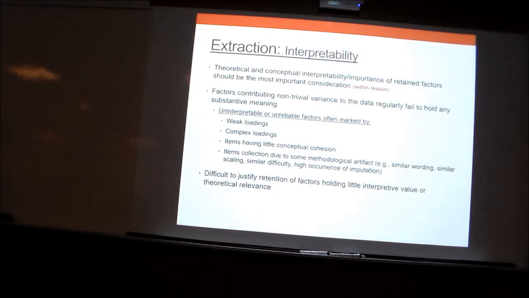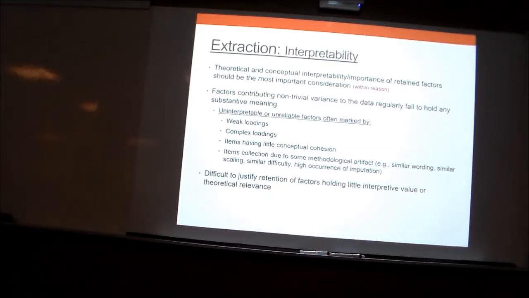And then this is the other thing that you want to be very, very careful about. We start to see items within an EFA loading on a similar factor, not because of the underlying concept or construct, but because of something about the item, right? So I've got a bunch of items that are worded similarly.